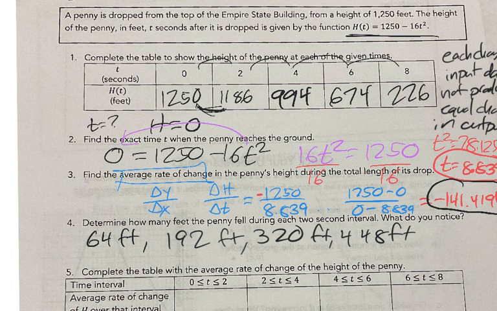If equal changes in the input do not create equal changes in the output, what if they did produce equal changes? What would that mean? It was falling at the same speed every time, which means, mathematically, it's linear.